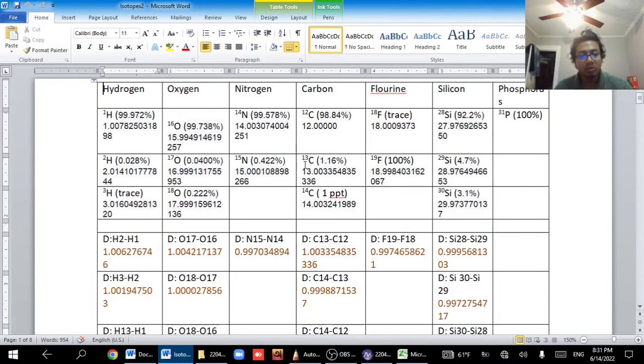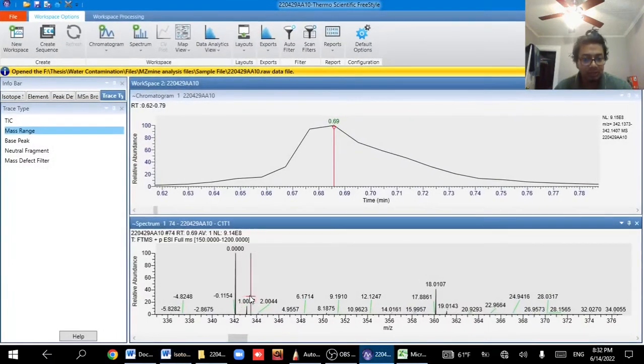You also need to remember the natural abundance of the molecule, like carbon-13. This is the carbon-13 peak, because the difference is 1.0037.